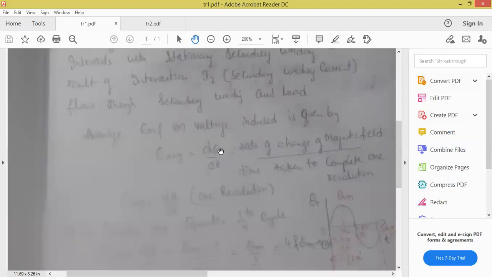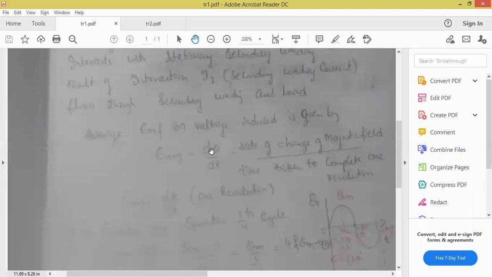I can also write d phi m by dt, because of the creation of the magnetic field only, current is flowing through the secondary winding. How is the current flowing in the secondary winding? Because of the magnetic energy linking with the secondary winding, electricity is created.